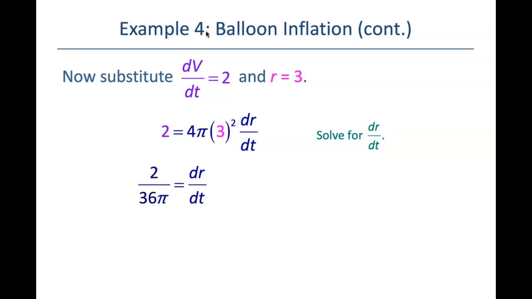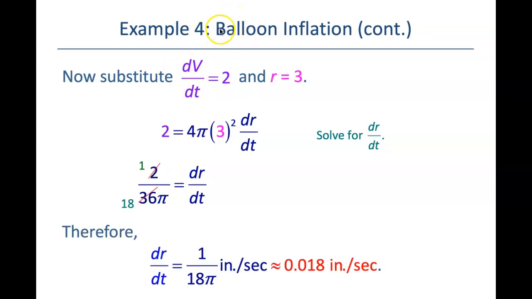And now we're just going to solve for dr/dt. 3 squared is 9 times 4 is 36, so that's 36 pi, divide both sides, and we have 2 over 36 pi is dr/dt, or we can punch it into a calculator, and we get dr/dt is equal to 0.018 inches per second. So that's the rate at which the radius is growing when the balloon has a radius of 3 inches. Whew. That was a very interesting one.